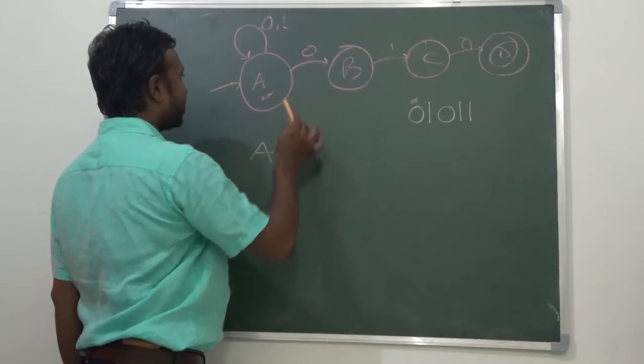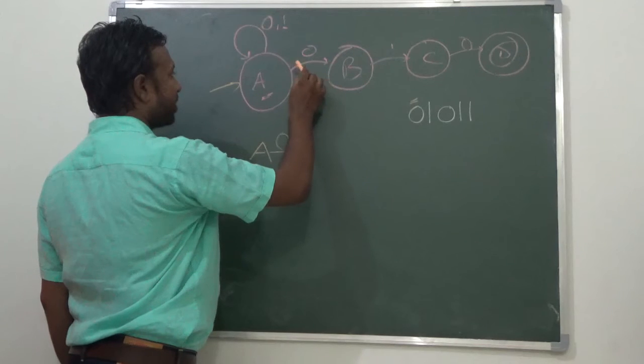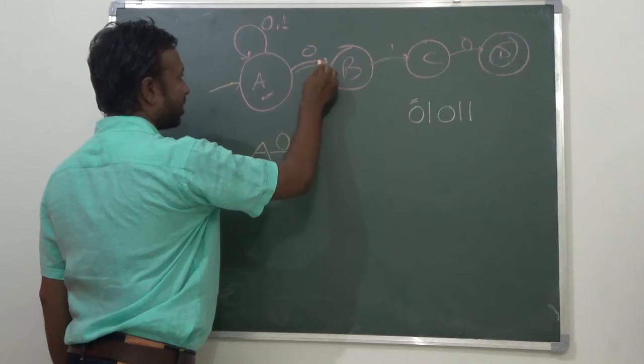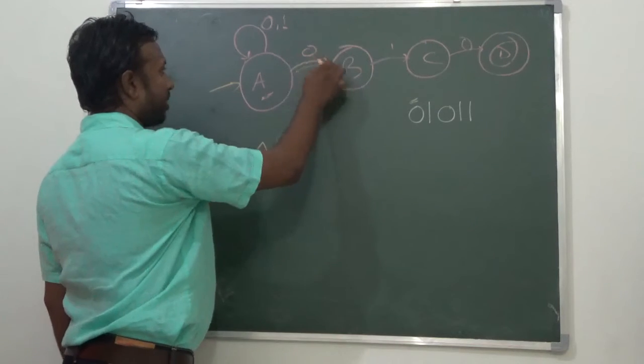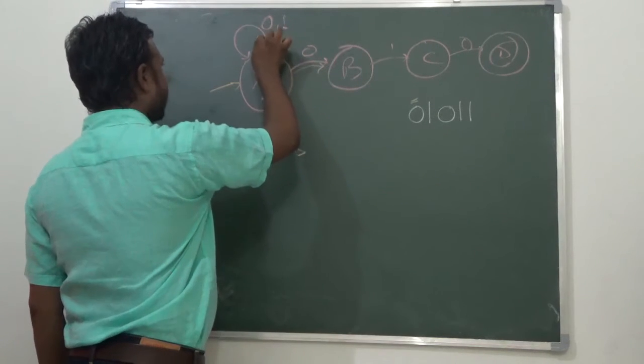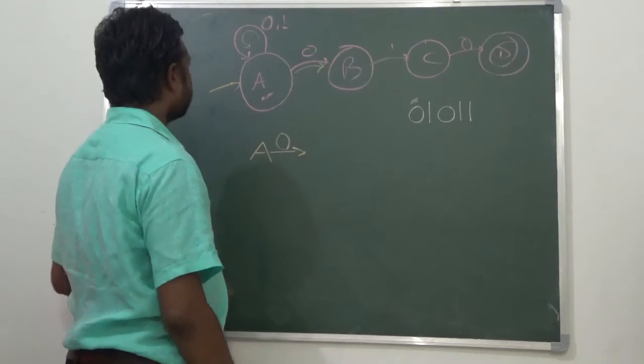Now we have two choices. Possibly we will go in this direction by following this branch, or we can go with this branch, right?